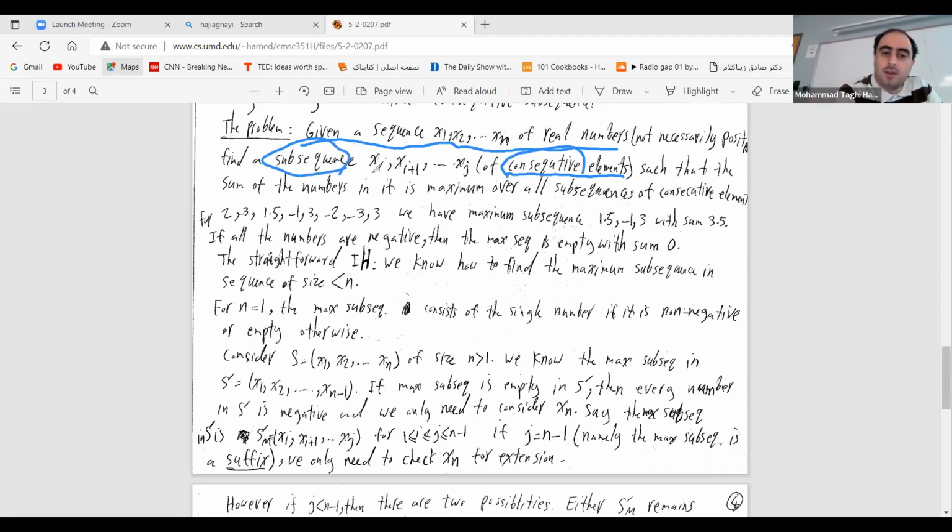It means that you start from xi and you go to xj, such that the sum of these, xi plus 1 plus xi plus 2 and so forth up to xj, is maximum over all subsequences of consecutive elements.